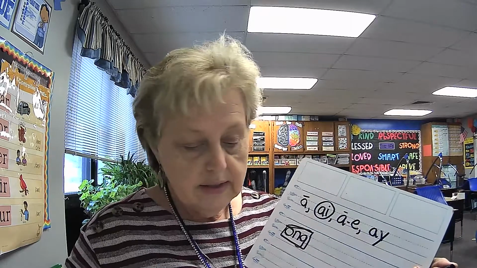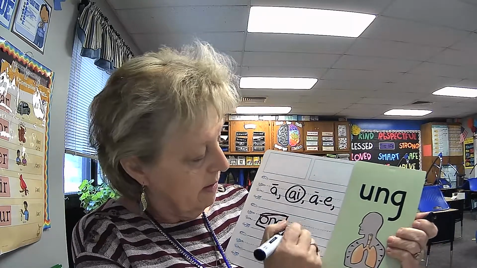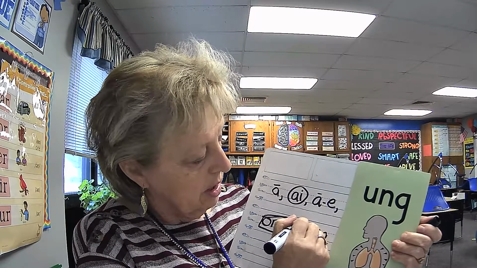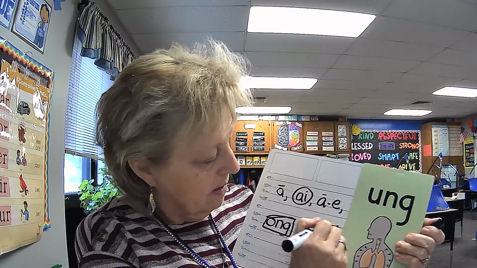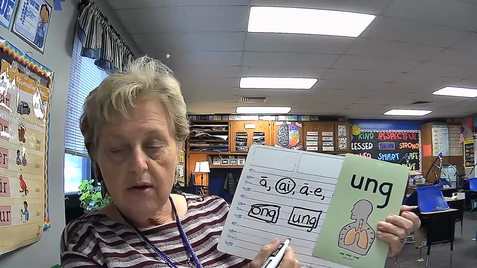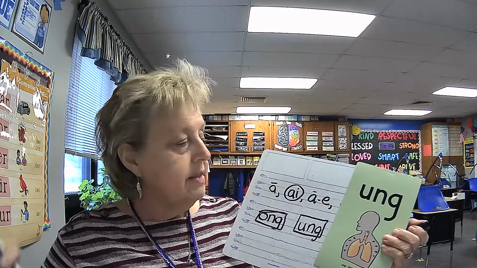And the next sound, U-N-G, lung, ung. Now, did you notice that both of these have the N-G on the end? The only thing that's different is the beginning sound. Ong, ung.